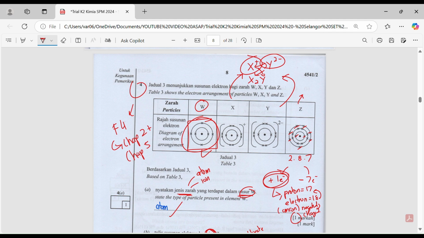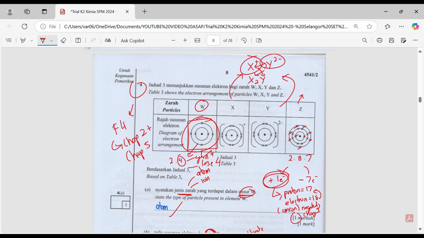Right? Whereas W, on the other hand, let's write its electron configuration. 2, 4. Alright. It has equal lah. It could either gain 4 or lose 4.